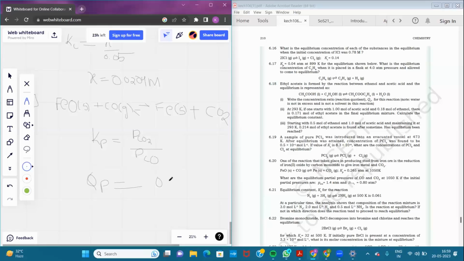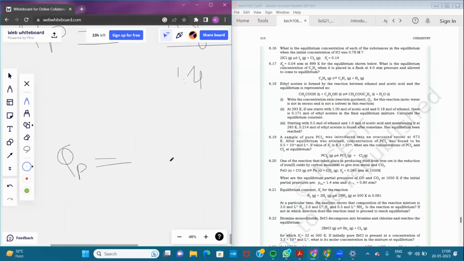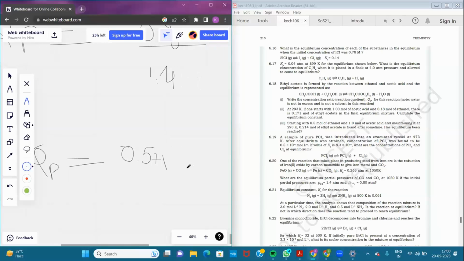So Qp would be 0.8 divided by 1.4. Here we'll obtain the Qp value. We'll get 0.571. Kp is less than Qp.